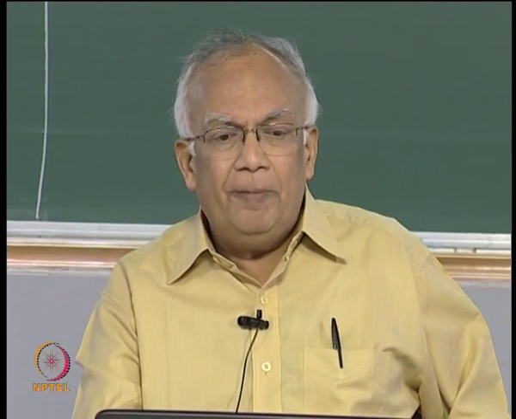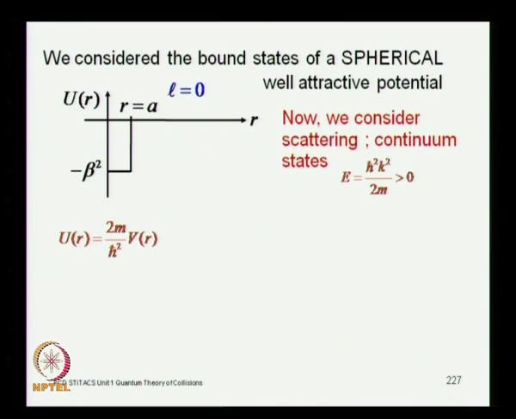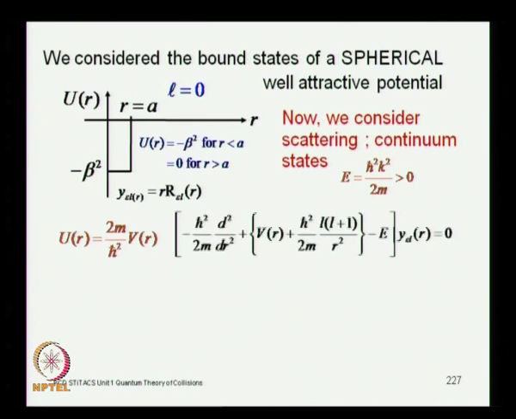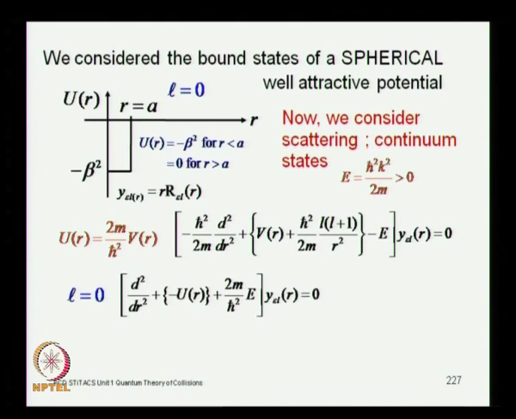Now consider the scattering states for positive energies. Okay? Now energy is not intrinsically negative, it is intrinsically positive. These are the solutions for the scattering or the continuum states, and for this the solutions of course are different because the boundary conditions are different, and you set up the Schrodinger equation.